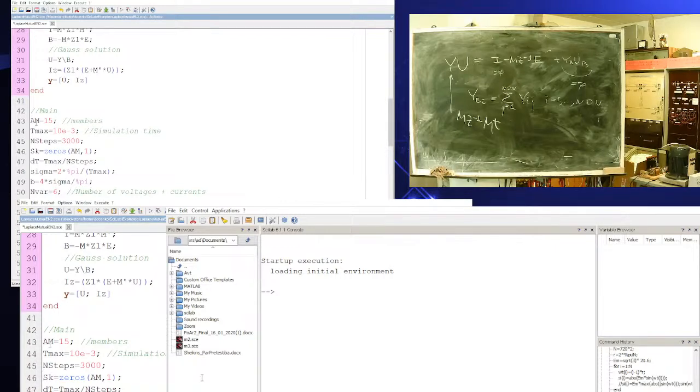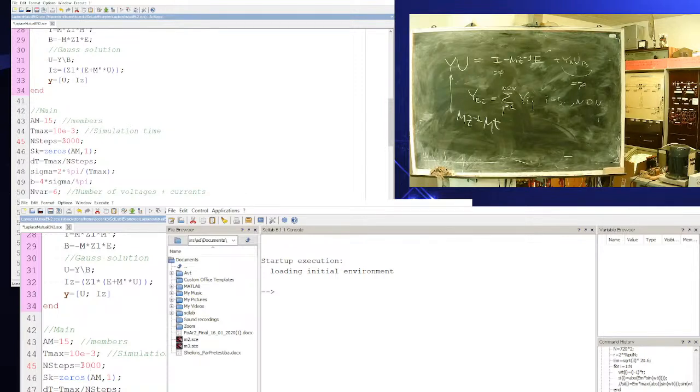It's a number of approximation members, an integer. I will have 15 points. Simulation will take 10 milliseconds. Within 10 milliseconds, I will have 3,000 points.